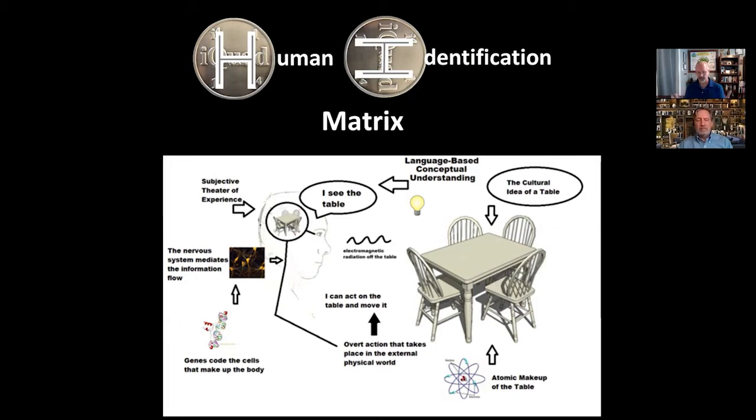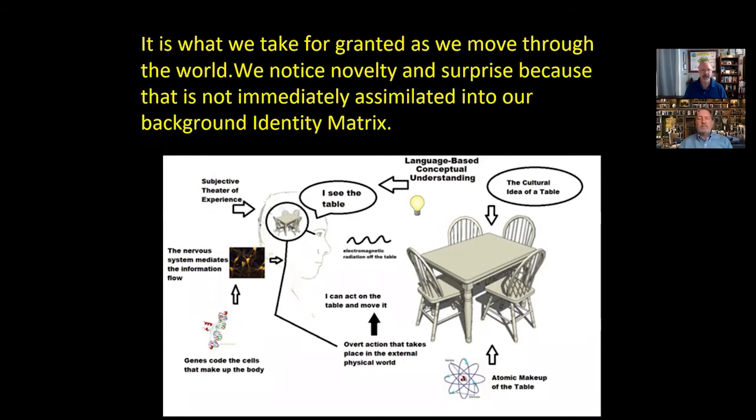So this is just relatively common sense, but different than the first picture in the sense that it's common sense informed by a scientific understanding. But once you internalize this, as is the case with all identification matrices, it drops into the backdrop of understanding. And so we take that for granted, and then we notice novelty and surprise.